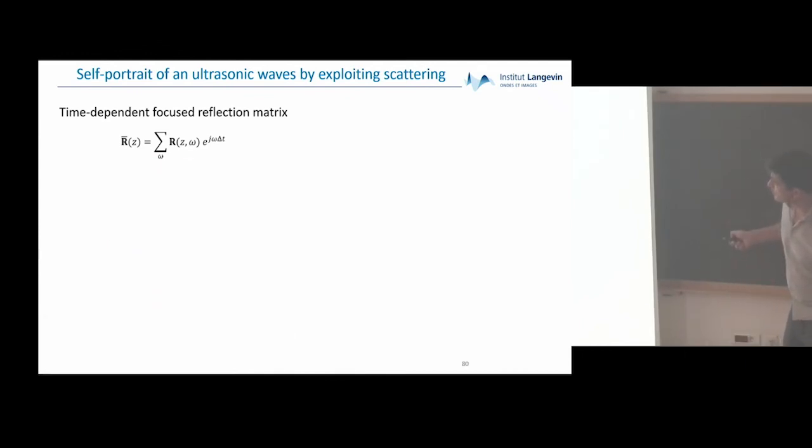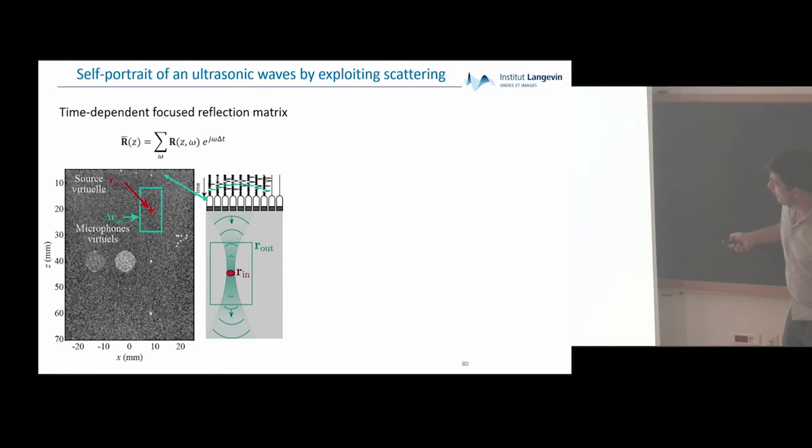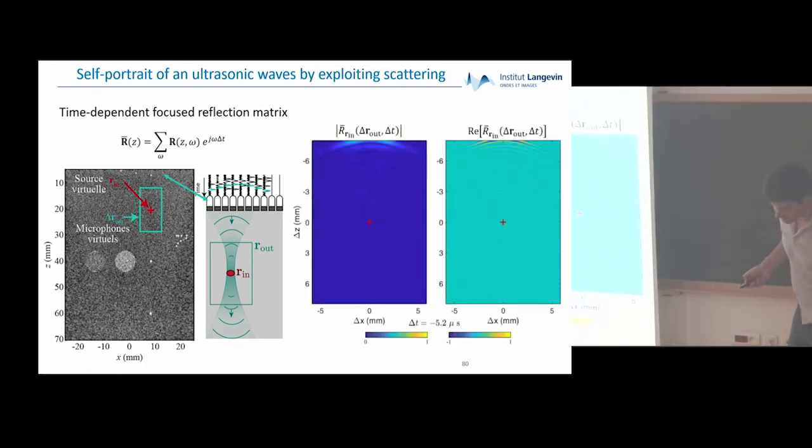This is done just by now looking at the time lapse between the input and output focusing points. So I come back to acoustics, to test our ideas, much easier. Focus at one point and look at the wave field just close to it, in depth and in the lateral axis. Okay, so what we get is something like that.